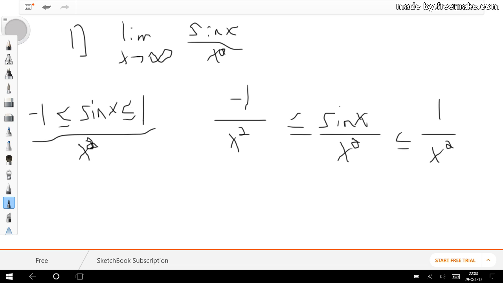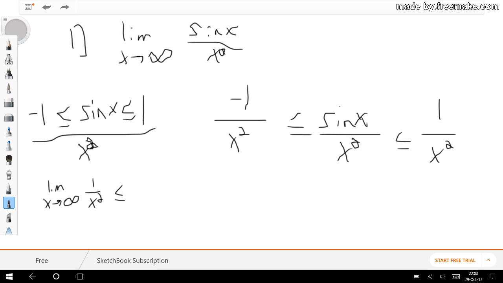Now what we do is we just reinstitute our limit. So we write limit as x approaches infinity of 1 over x squared is less than or equal to sine of x over x squared. And actually, I messed up there.